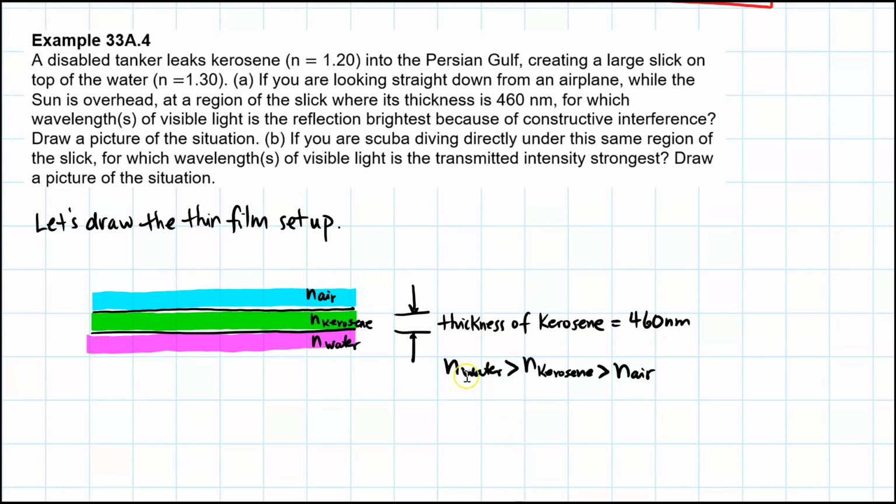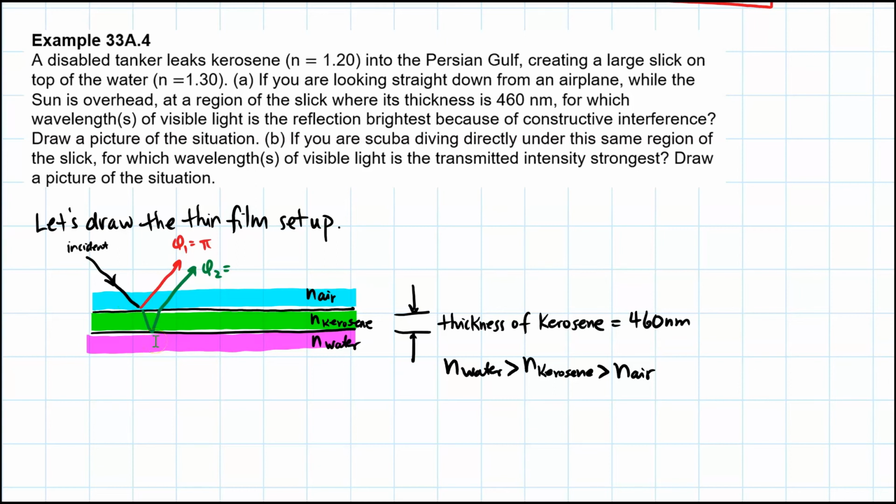The index of water being the highest, followed by kerosene and air, we then know what the reflection phase is. Incident light going from a lower to a higher index of refraction, I get a reflection phase of pi. For the phase 2 here, note that I'm going from kerosene to water, so I'm going from a lower to a higher.